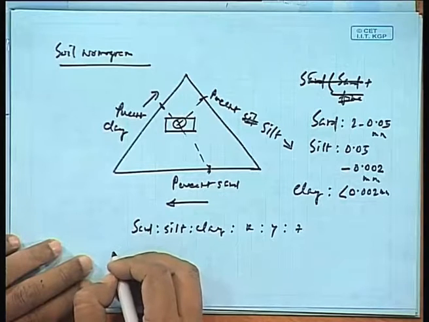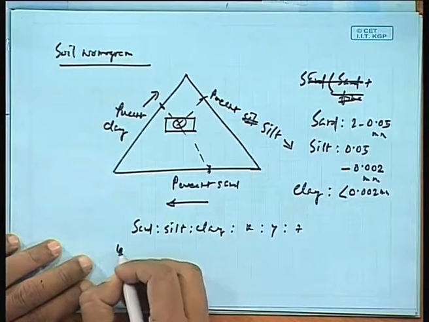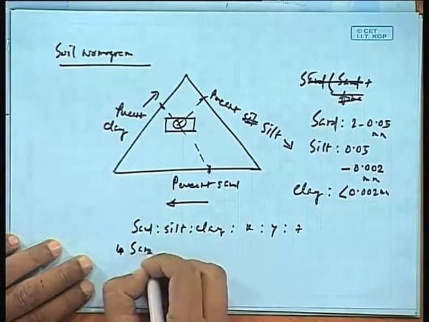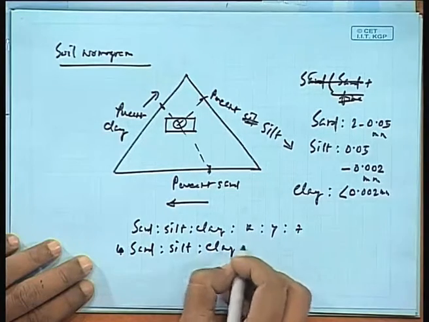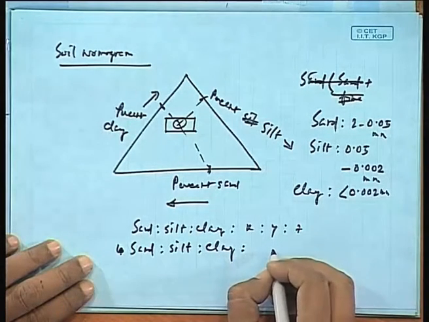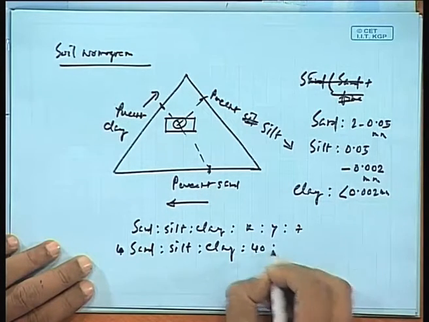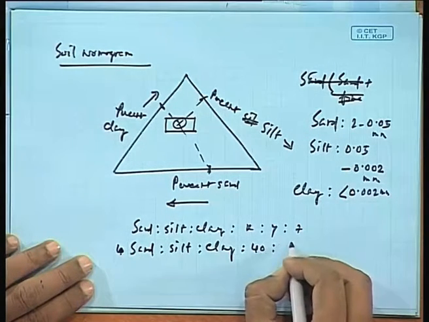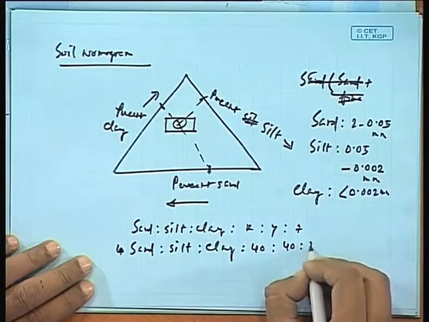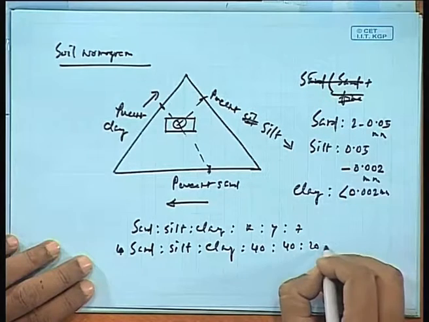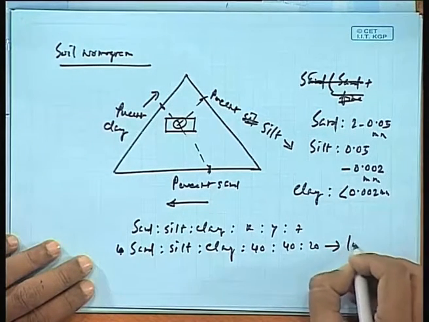For example, if the soil is composed of 40% sand, 40% silt and 20% clay, this would be known as loam.